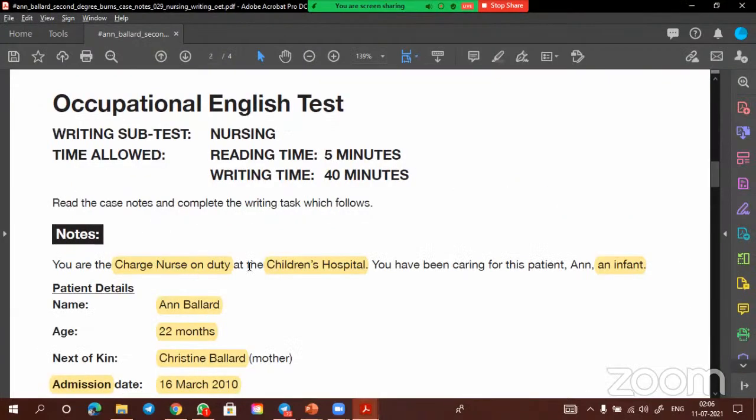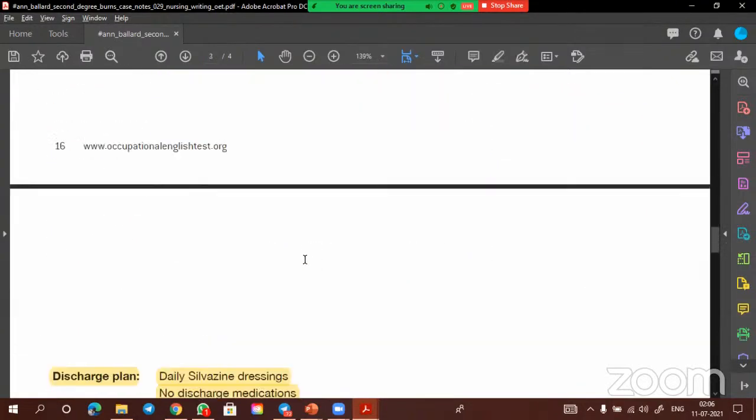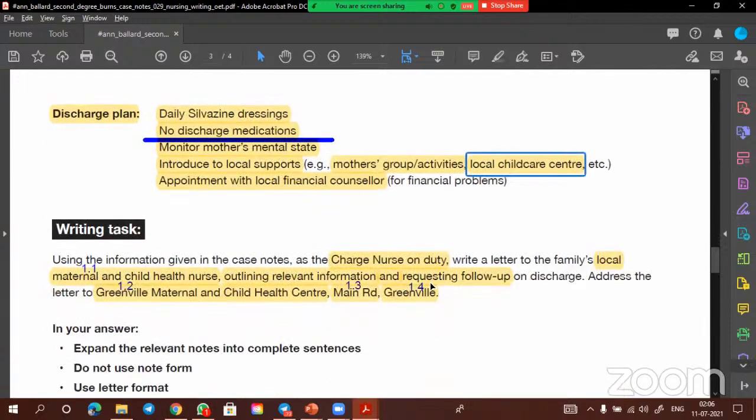So charge nurse, children's hospital. Sergeants on duty, right. Okay, fine. That is it. Okay, hope you understood.